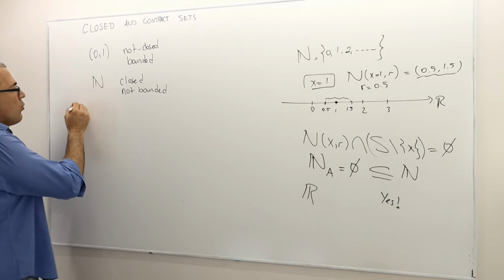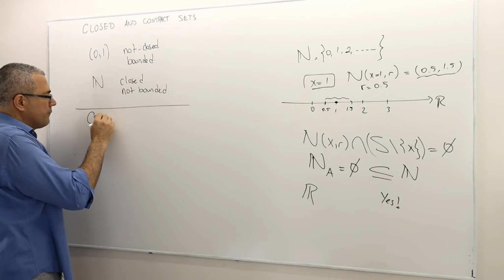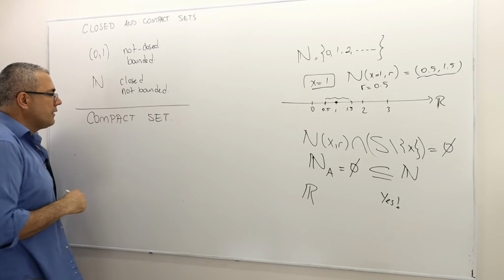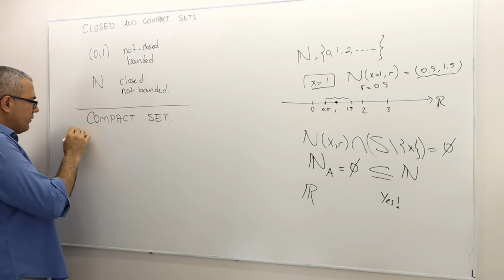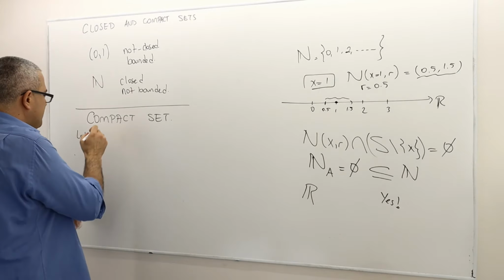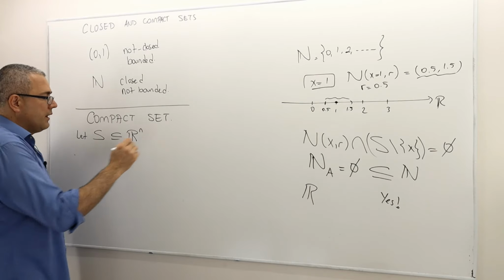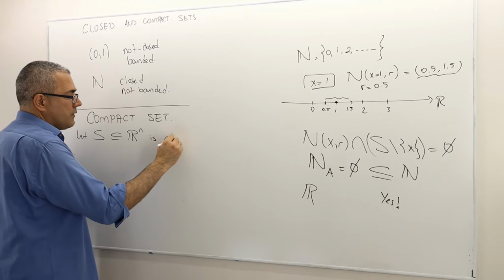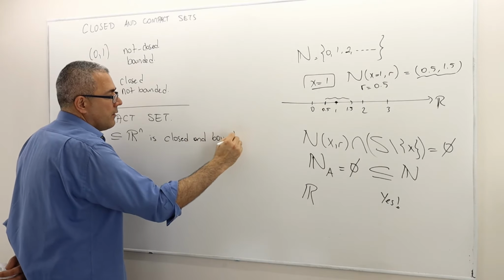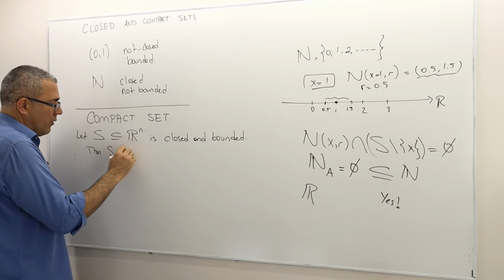One final definition is compactness. Compact set, especially in the set of reals. Let's use the same notation. If S is a subset of Rn, and S is closed and bounded, then S is compact.